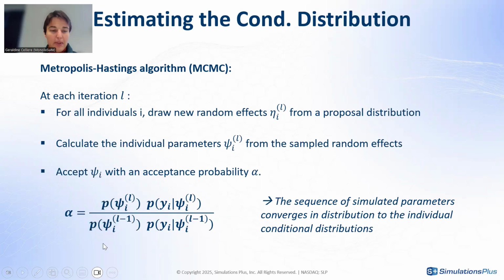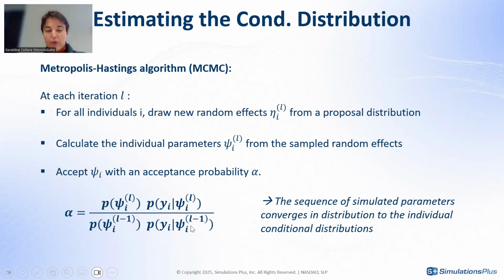In this acceptance probability, you see that I have how probable is this individual parameter value in the population with the new candidate versus the old one. So basically, if the new value I draw is closer to the V_pop, then this ratio of the two terms will be above 1. So it will promote the candidate to be accepted. And the ratio of these two terms here corresponds to the probability of the data given the individual parameters.